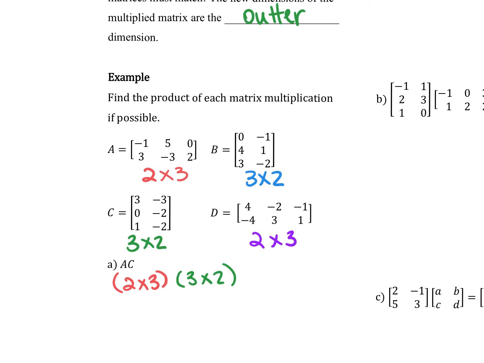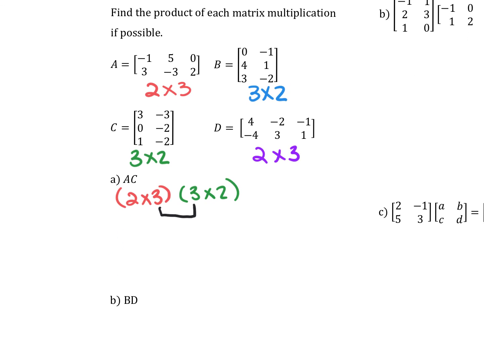First thing I'm gonna do is look at the inner dimensions, which are these two right here. Do they match? Are they both 3s? Yes. So since they both match, we can do this multiplication. The new matrix that we're going to create is going to take on the outside dimensions. So a 2 by 3 times a 3 by 2 is going to give me a 2 by 2 matrix when I complete this.